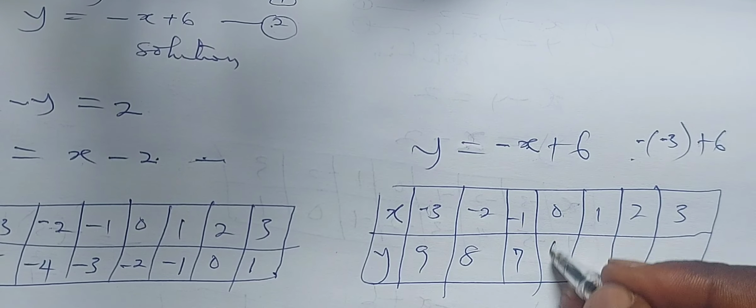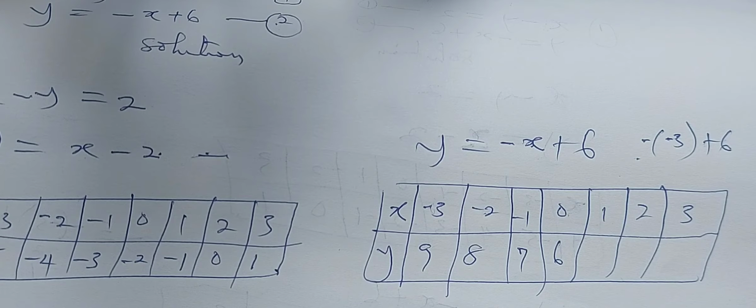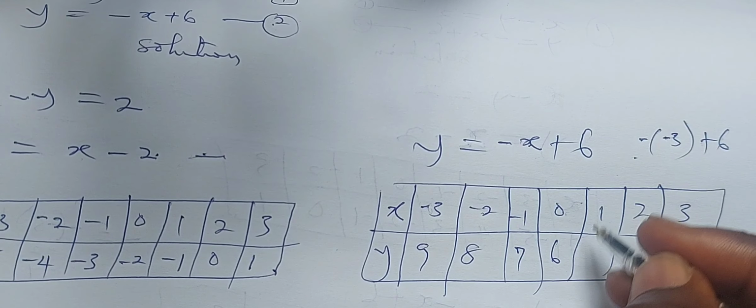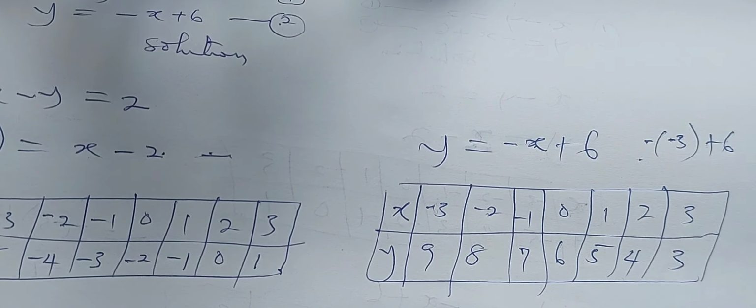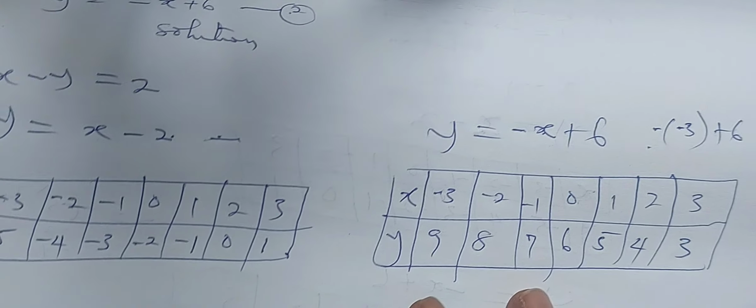If 0, you have 6. 1 will be minus 1 plus 6, you have 5, you have 4, and you have 3. Okay, so if you see the values, you have gotten your 2 tables.